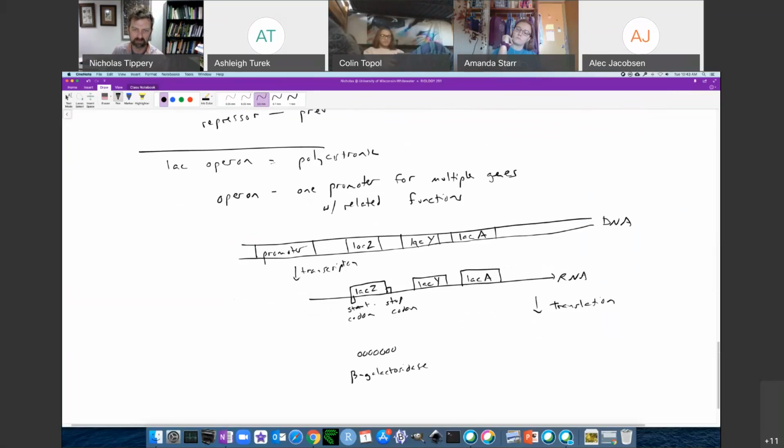The LacY translation gets us the permease, and so on. So the polycistronic benefit is that there's one instance of transcription, and then each of these are independently translated into their respective proteins, and they can go on to do their respective jobs.